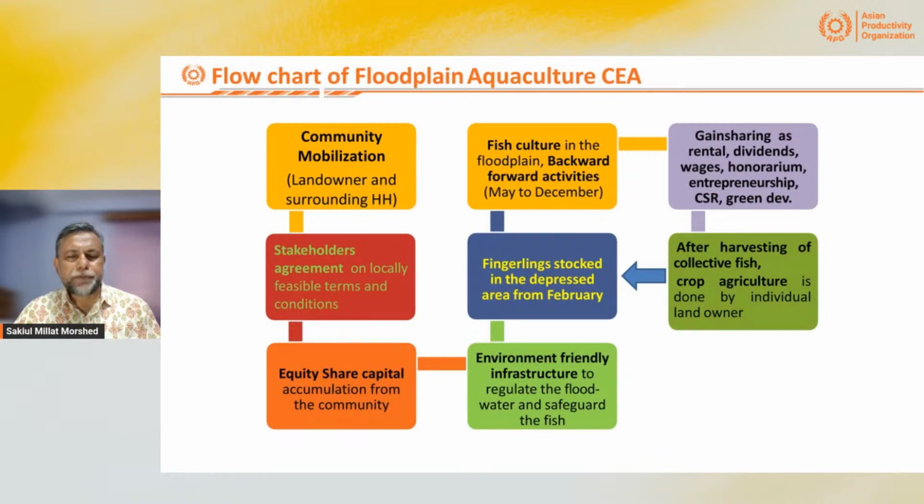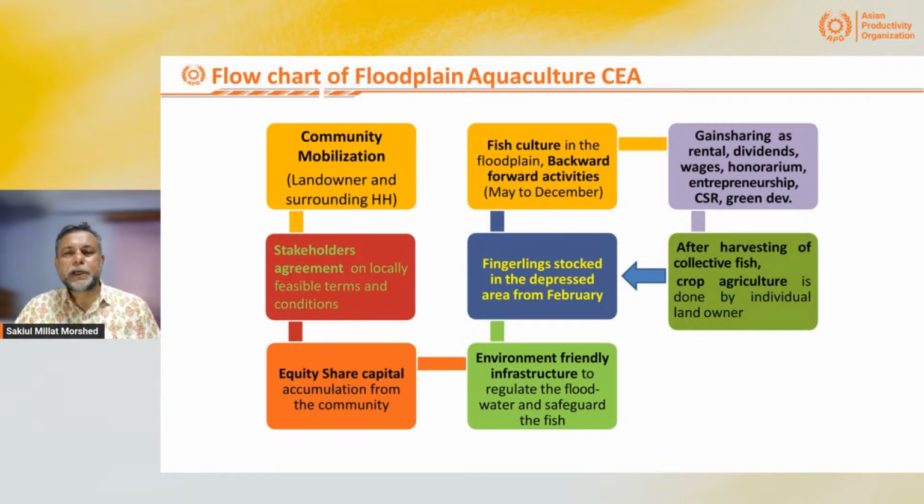After that the actual implementation process starts. Before starting the monsoon, in February, usually our monsoon starts from July onward, but before that, for more optimum utilization of the resources, the community stocks their fingerlings in the depressed area since February.